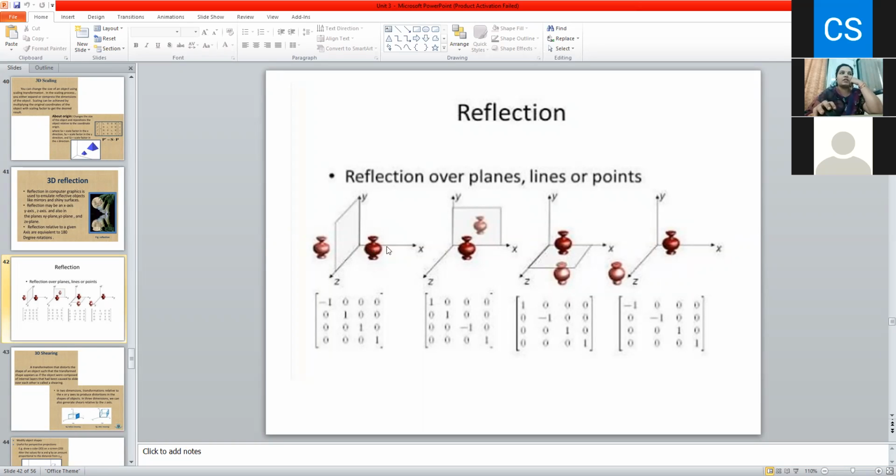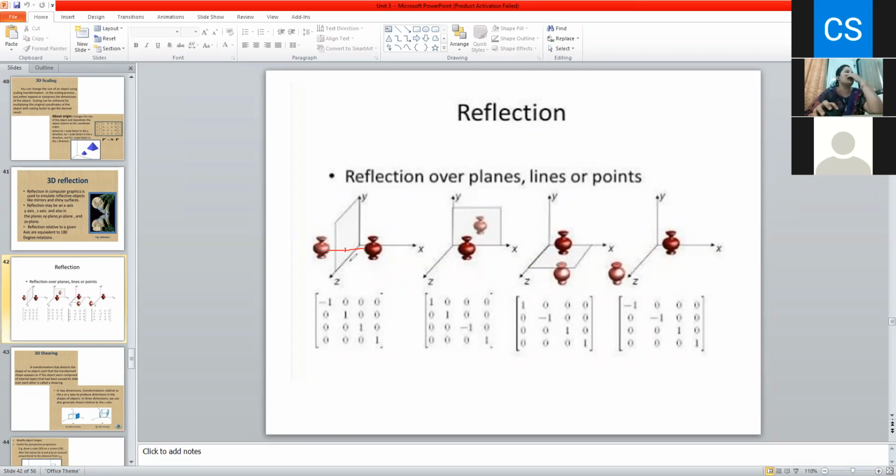About yz reflection means x will be changing in its sign. Here the magnitude of the x is not going to change. The distance of this object from the plane, the same amount of distance is there on the other side of the plane. So in short, the distance of this object from the plane, the same distance is followed after reflection also.